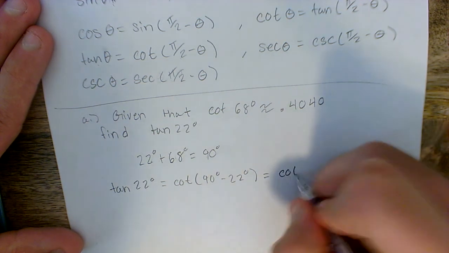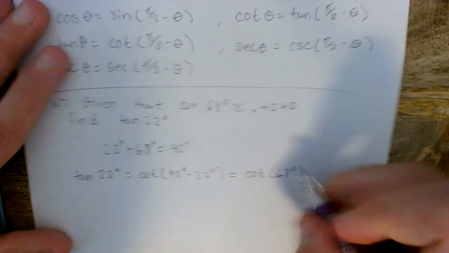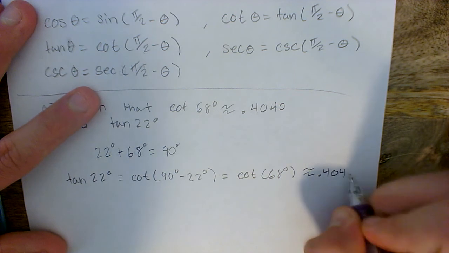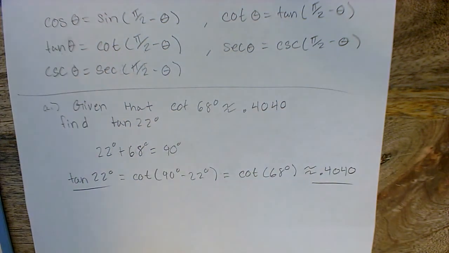So that's equal to the cotangent, conveniently, of 68 degrees, which we know to be 0.4040. So the tangent of 22 degrees is about 0.4040.